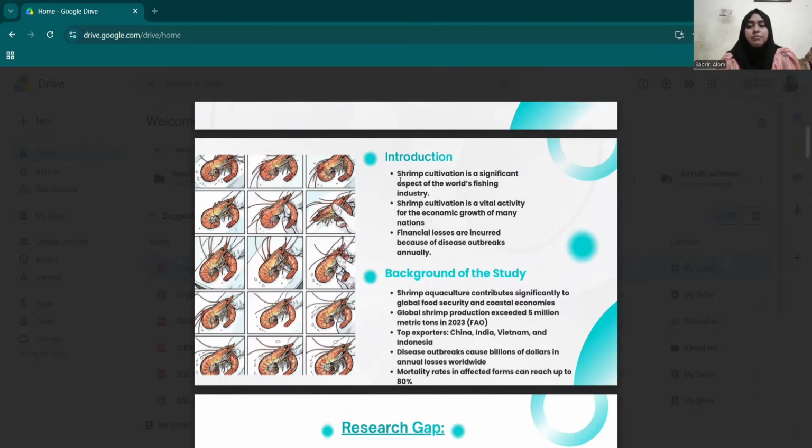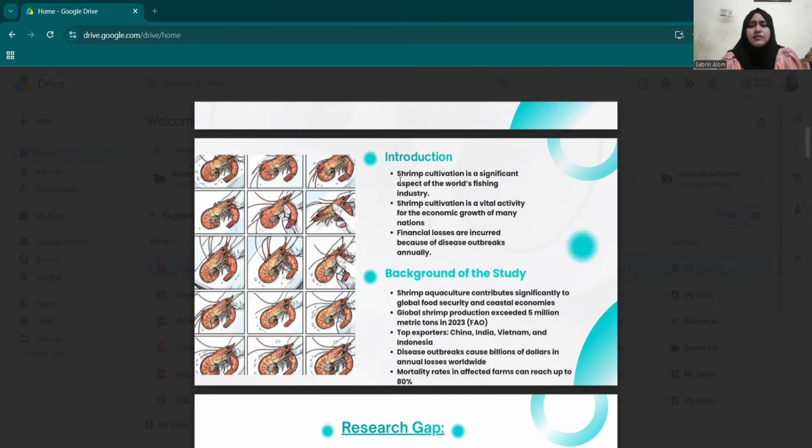Millions of people depend on it for food and income, especially in countries like China, India, Vietnam, and Indonesia. In fact, global shrimp production crossed 5 metric tons in 2023, and this is actually a huge number.